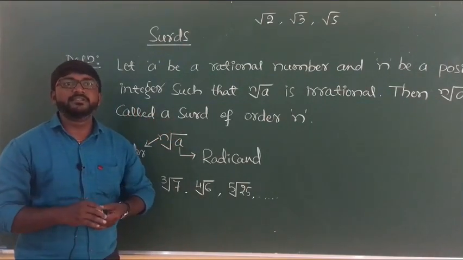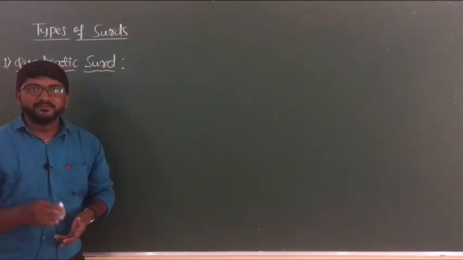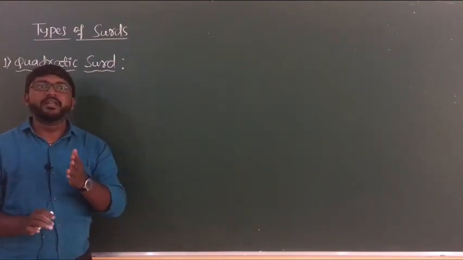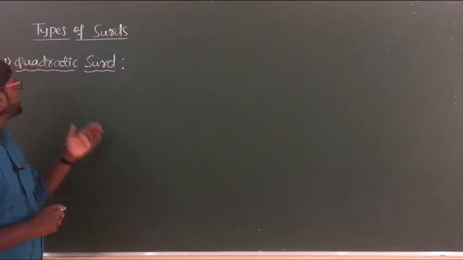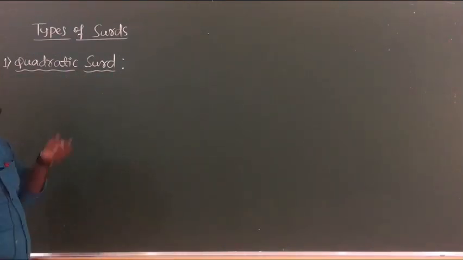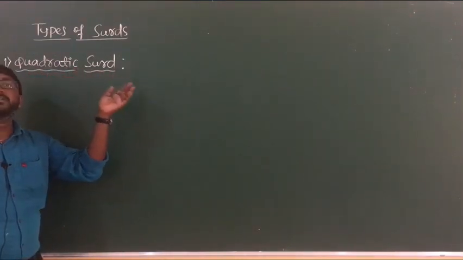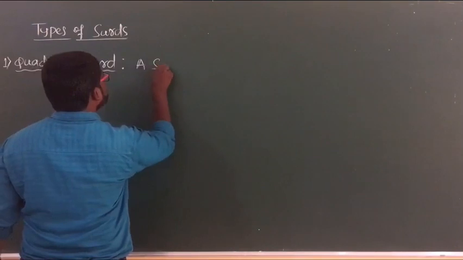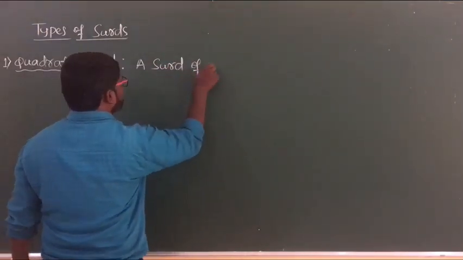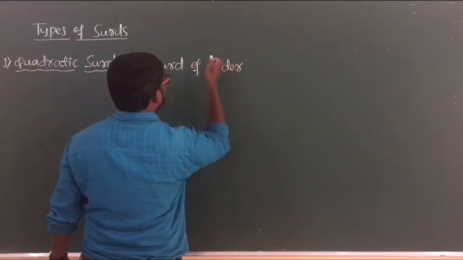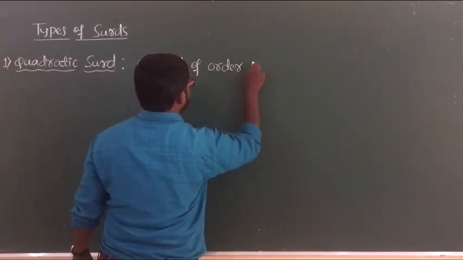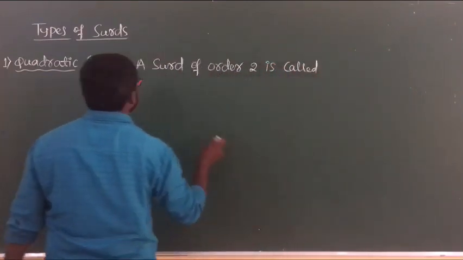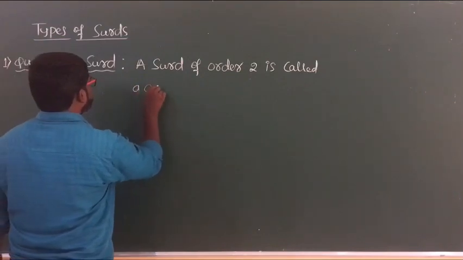Next we are going to discuss the types of surds. Overall we have 9 types of surds. In that, the first one is quadratic surd. As the name indicates, quadratic, that means the order must be 2. A surd of order 2 is called a quadratic surd.